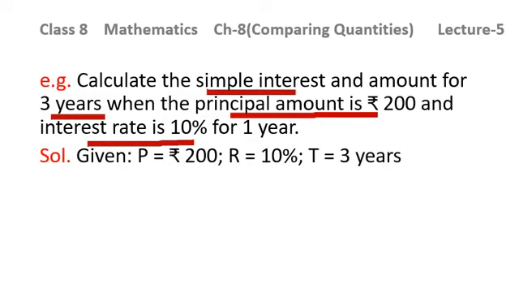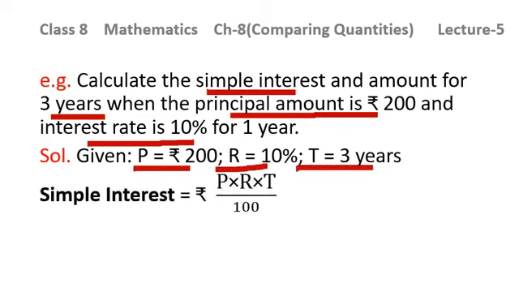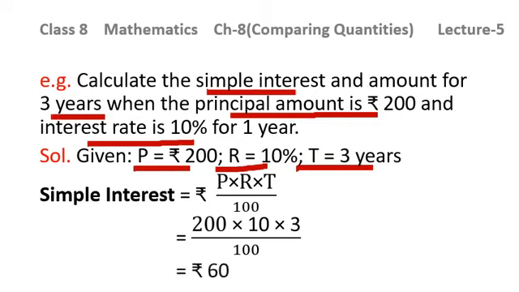Given principal is rupees 200, rate is 10%, time is 3 years. We know the formula, simple interest is equal to P into R into T over 100. Putting the values, 200 into 10 into 3 over 100, that will give you rupees 60. So the simple interest is rupees 60.